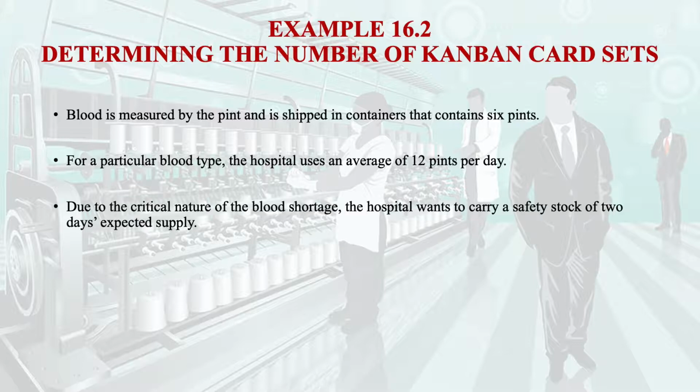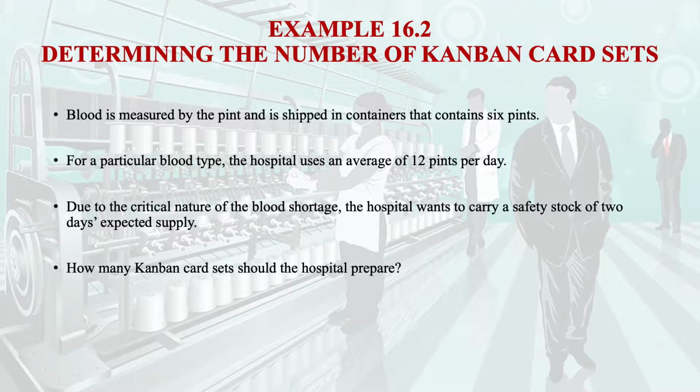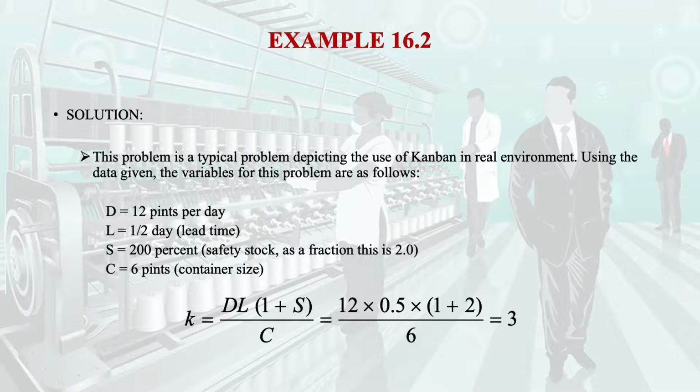Due to the critical nature of blood shortage, the hospital wants to carry a safety stock of 2 days to meet unexpected supply. Now the question is, how many Kanban cards should the hospital prepare? This problem is a typical problem depicting the use of Kanban in a real-life environment.